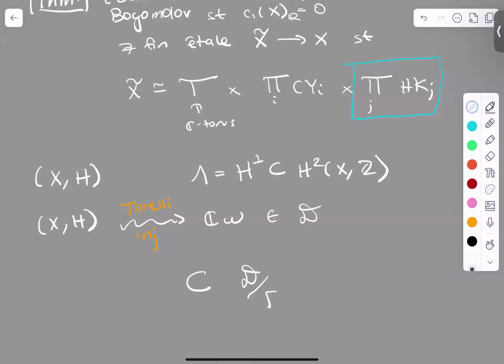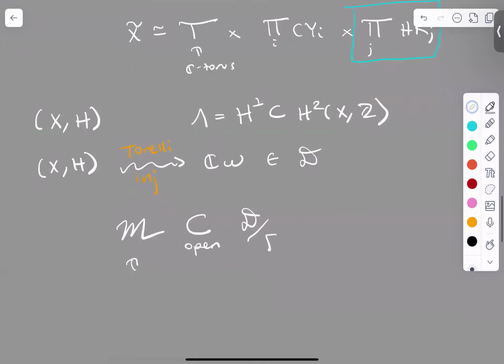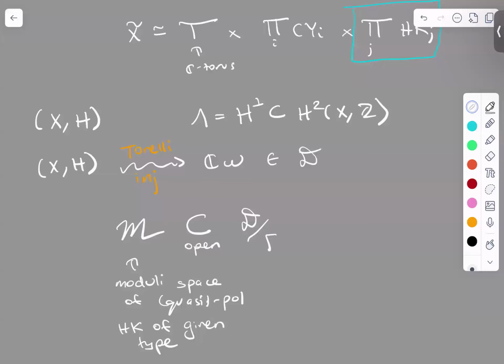I have an open locus, which I'll denote by M, which I can realize as an open locus inside of various of these orthogonal modular varieties, moduli spaces of quasi-polarized hyperkählers of some given type. So depending on the type, I may have different data associated to my lattice and different gamma.